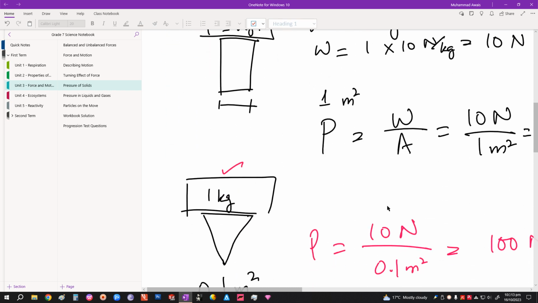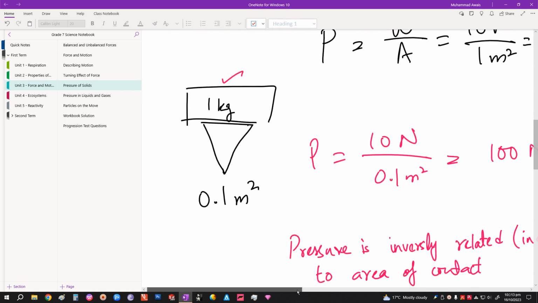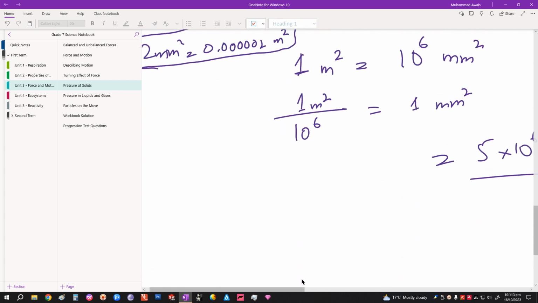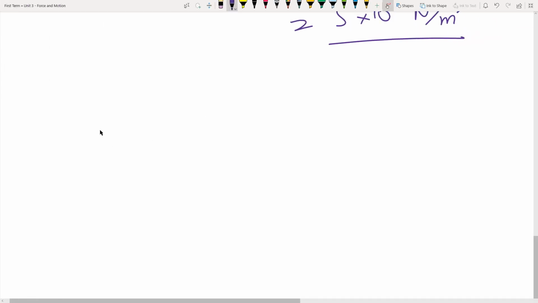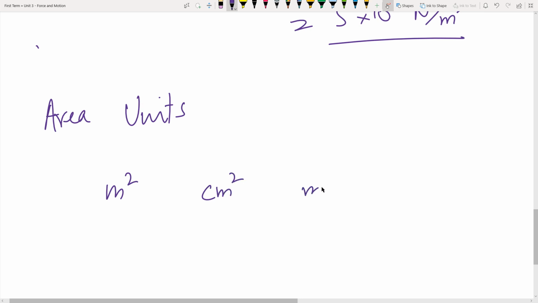The area can have different units. I've given you 2, then you also have 3 unit areas, which I will write over here. Area units that can come around would be meter square, then centimeter square, then millimeter square.